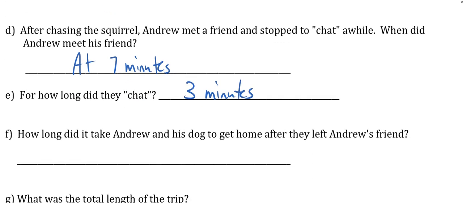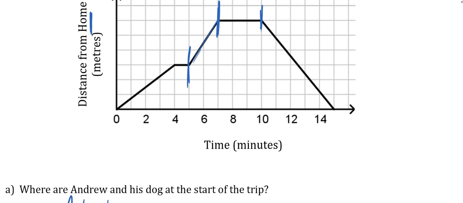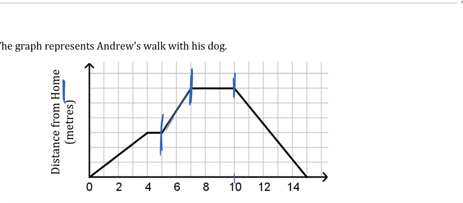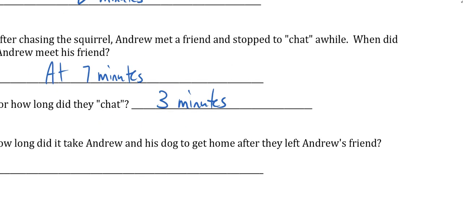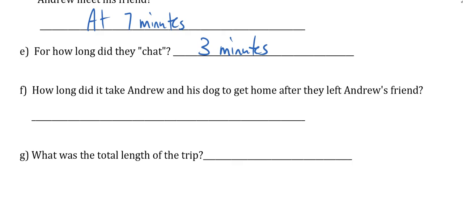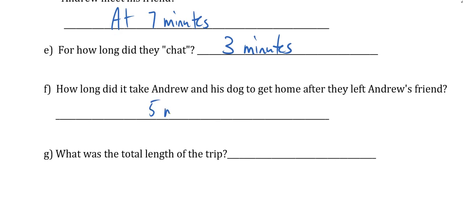How long did it take Andrew and his dog to get home after they left Andrew's friend? Somebody else? Savannah? Took him 4 minutes to get home, so started walking home at 10 minutes, got home, wait, what's that? This is 14 here. I know it's hard to see. 15, good. So it would be 5 minutes, very nice. So just make sure you read these scales carefully because you can just pick the wrong number off of it, right?